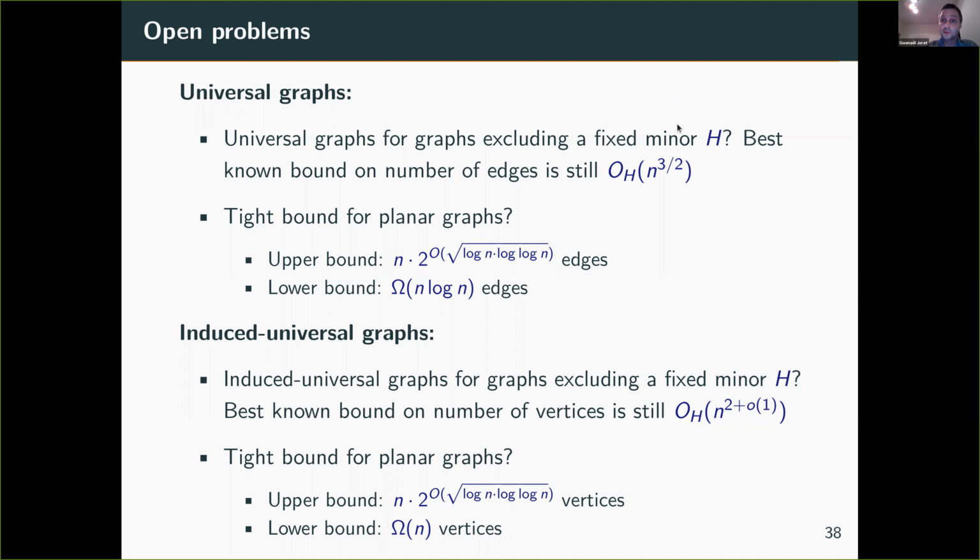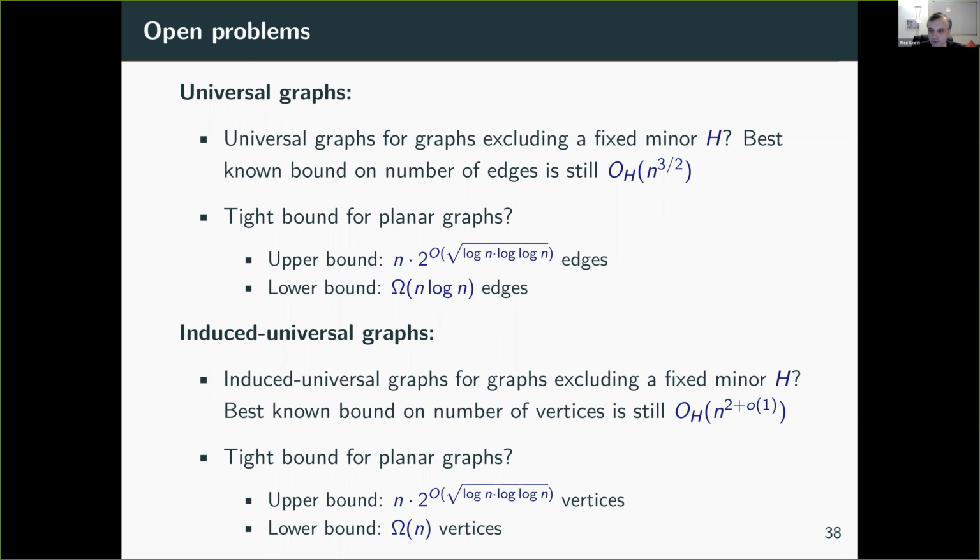So it's not that we don't know one, it's that there is no one, at least in the form that I stated. So for all non-apex graphs H, I don't know any better bound than n to the 3/2. And for every apex graph H, we know a near linear upper bound. So that means, let's say K5 is good, but K6 is open. Yeah, exactly. K6 is a very nice example.